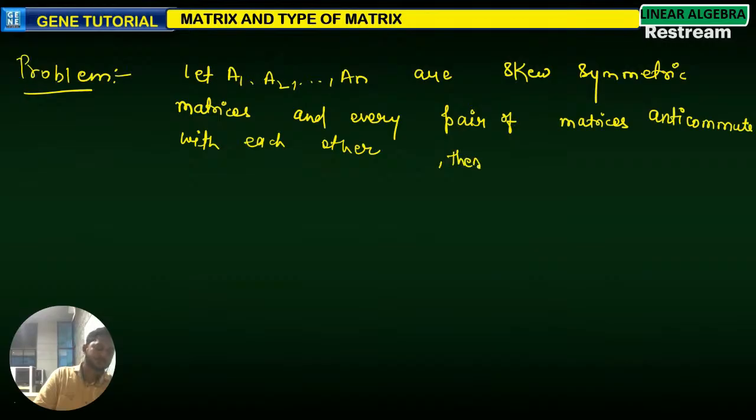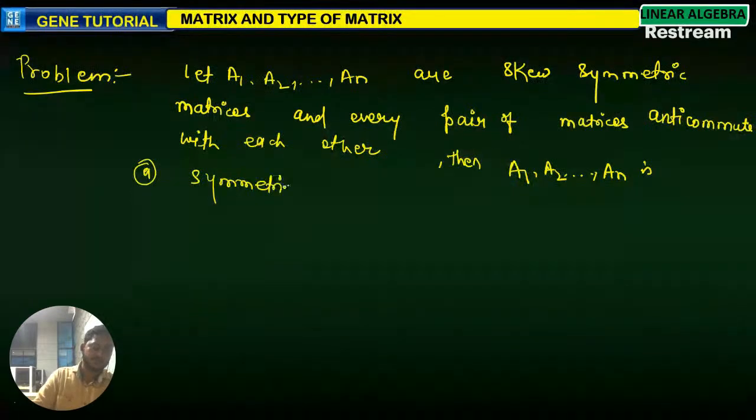Then A1 A2 dot dot dot An is: the first option is symmetric if n plus 1 by 2 is even.